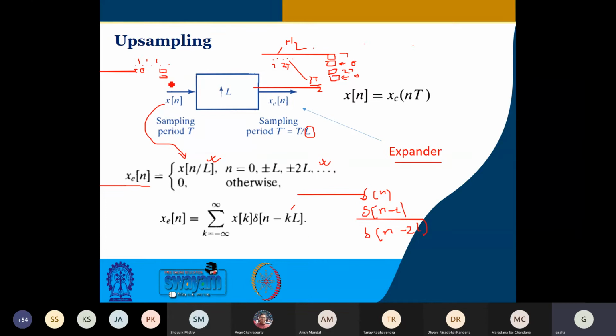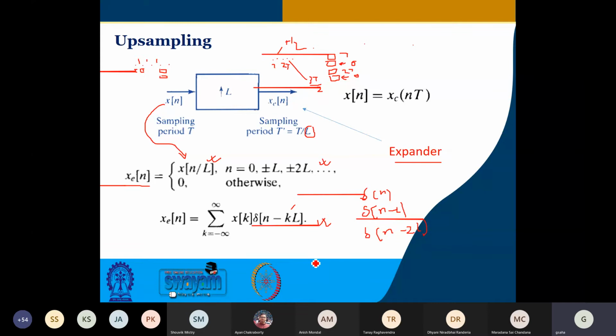You have these sampled values, the original sample values, which are x[0], x[L], x[2L], and the rest of the values are 0. So we can write it in this manner also.